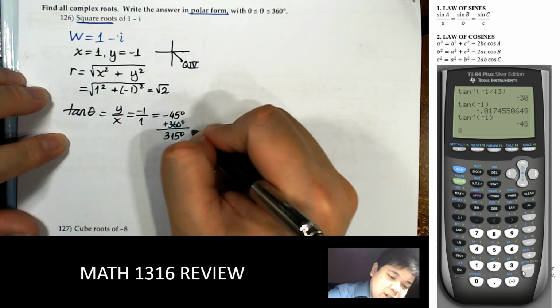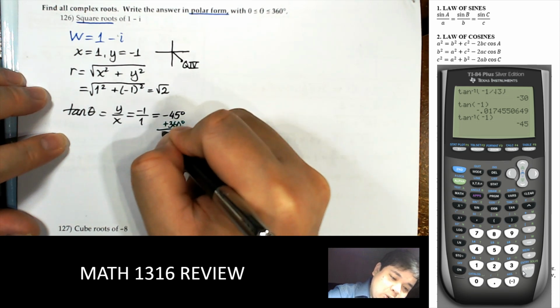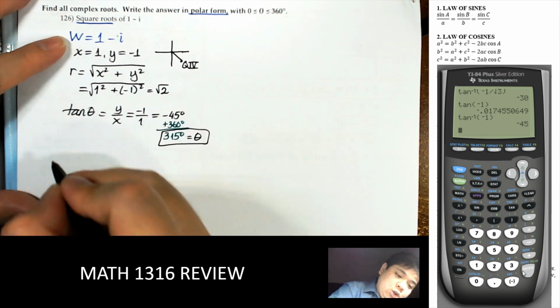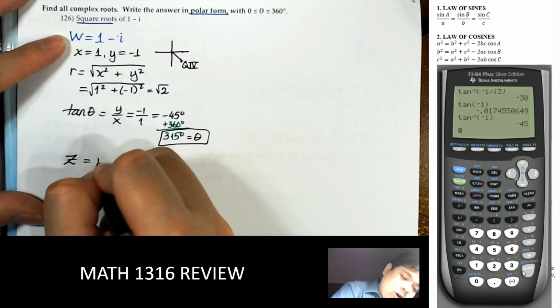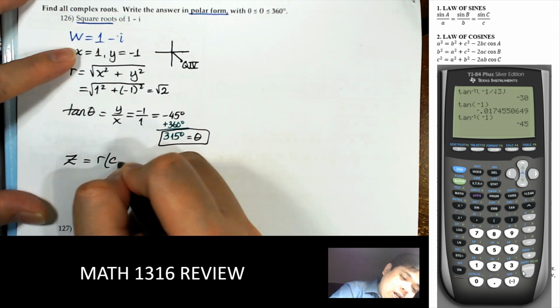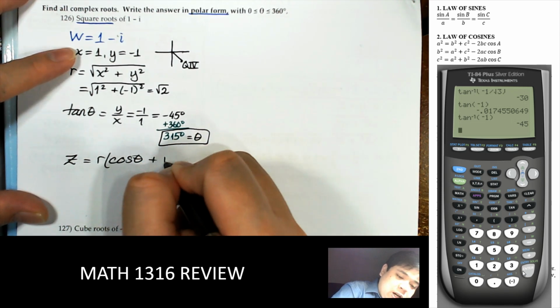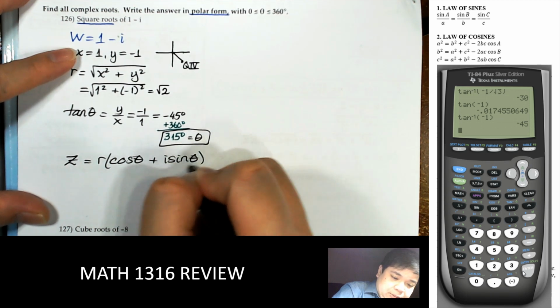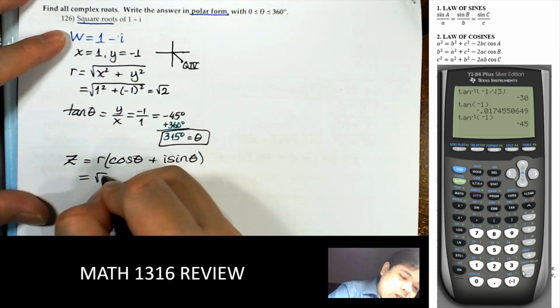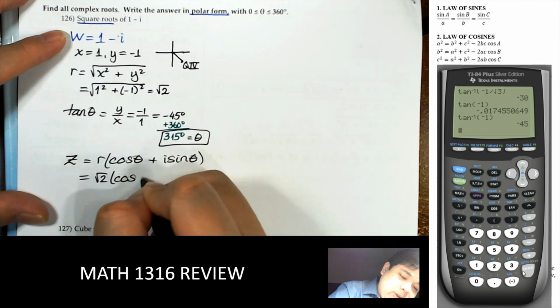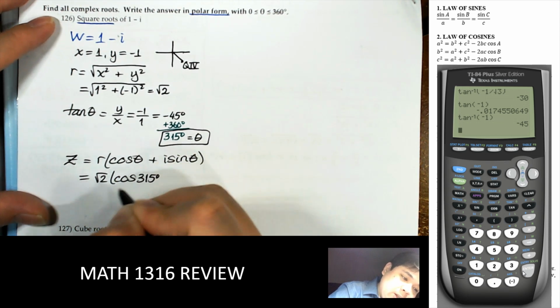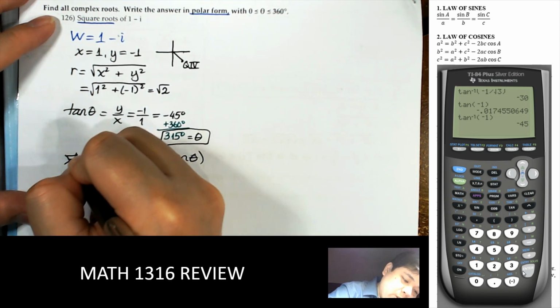So our theta is equal to 315 degrees. So we write the complex number z equal to r cosine theta plus r sine theta, square root of 2 cosine of 315. This is supposed to be w. Sorry.